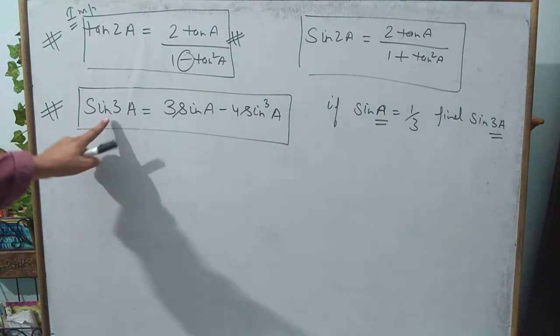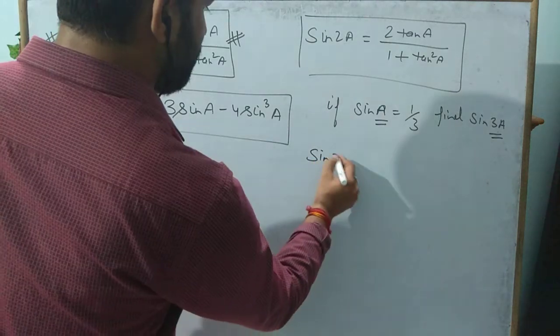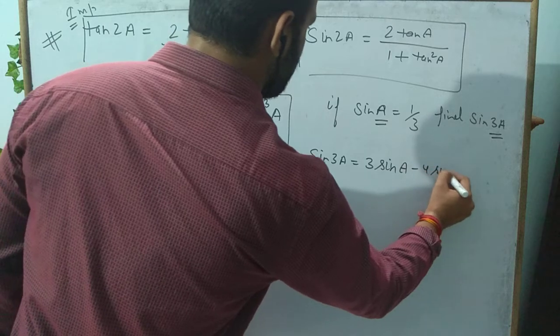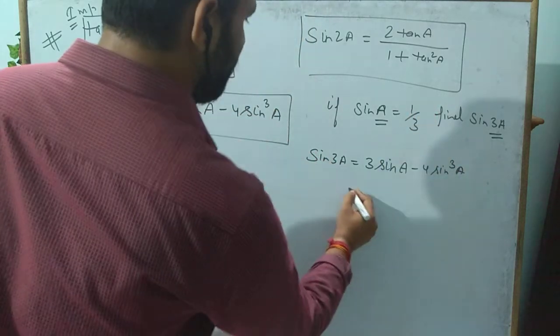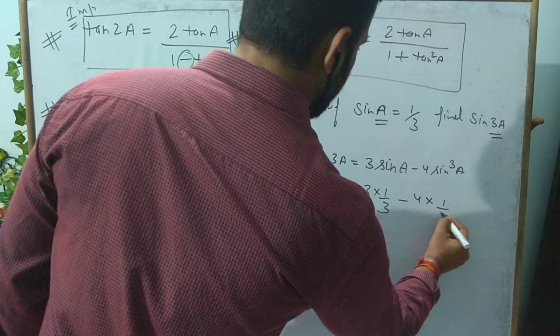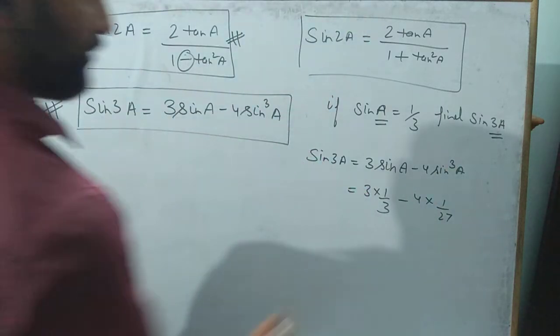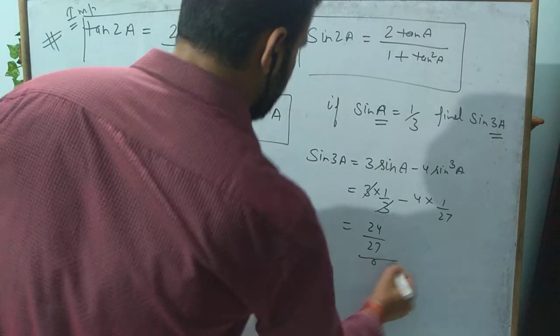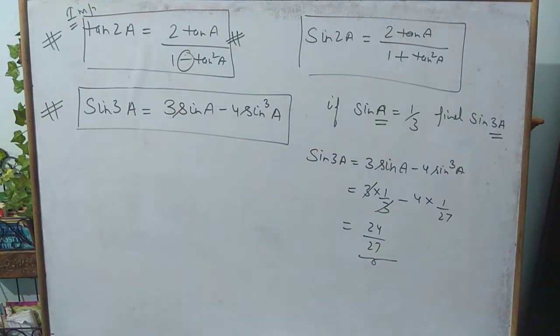So we use sine 3A is 3 sine A minus 4 sine cube A. Since sine A is 1 by 3, put it here: 3 times 1 by 3 minus 4 into 1 by 27, 3 cube is 27. So 27 minus... it gives 23 by 27. So this is the result of sine 3A.